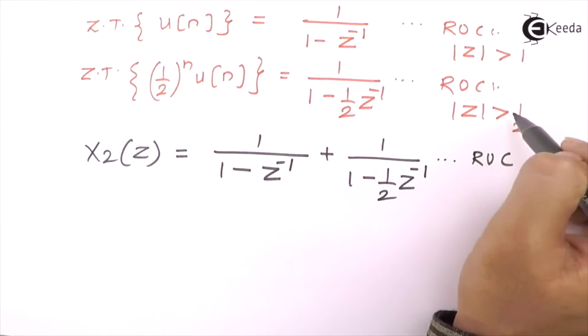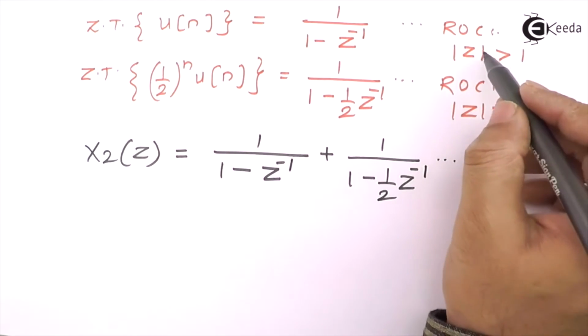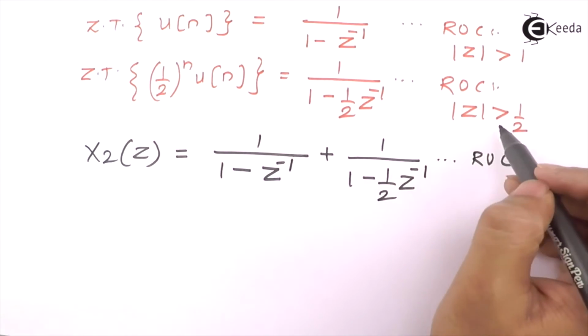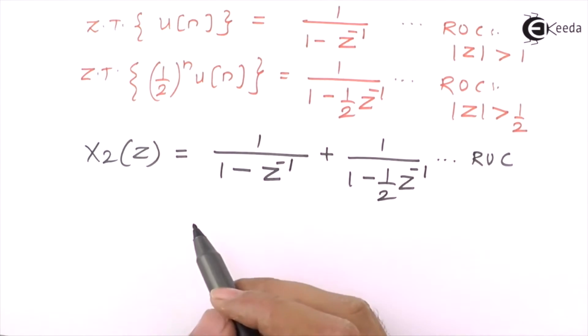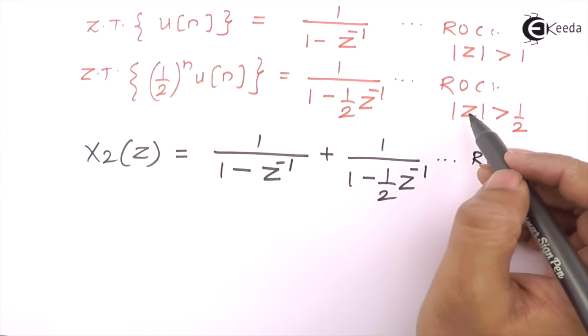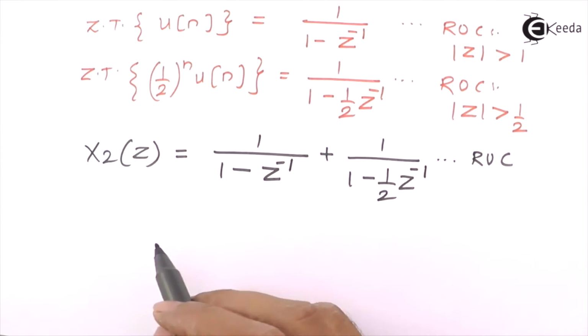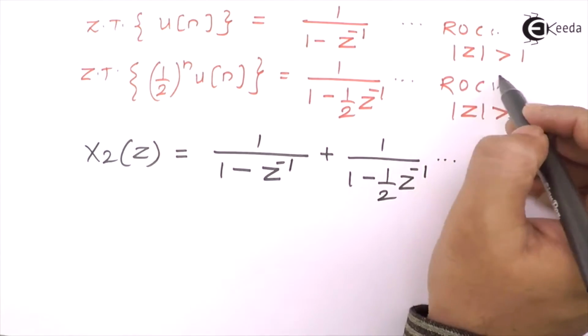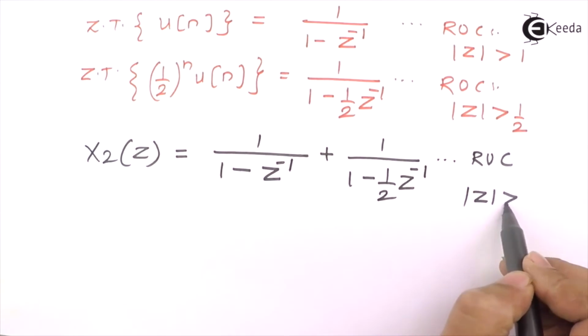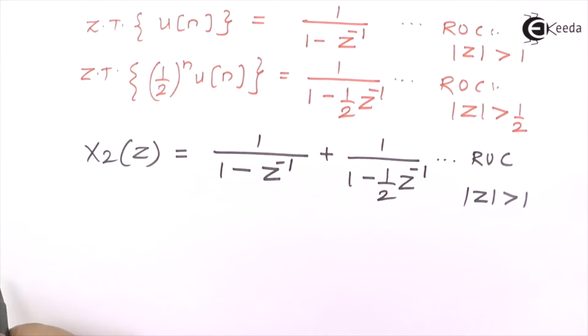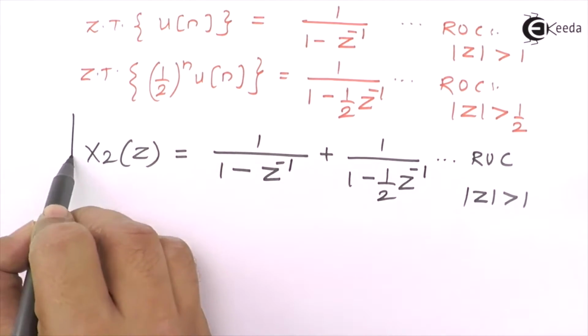The intersection is quite simple. Here mod z is greater than 1, here mod z is greater than half. Obviously for the causal signal the ROC will be outside the outermost circle, and the outermost circle is this. So in the end the intersection of these two ROCs is nothing but mod z greater than 1.